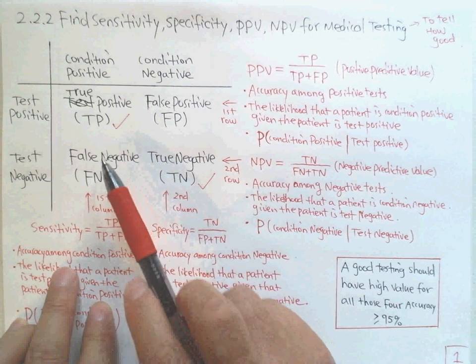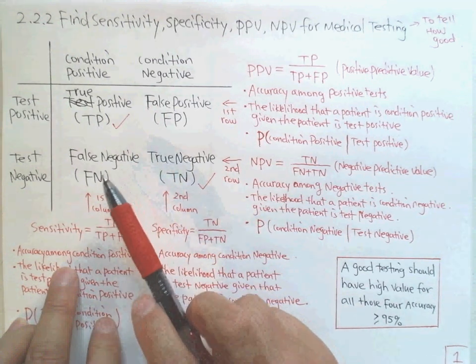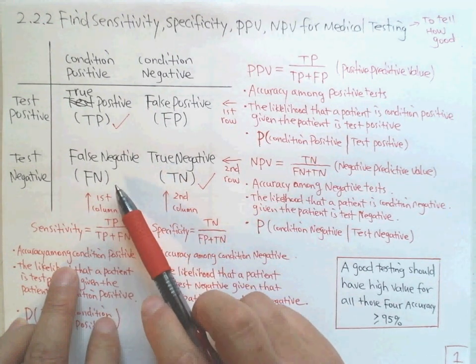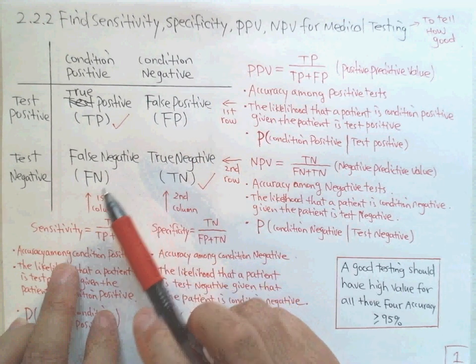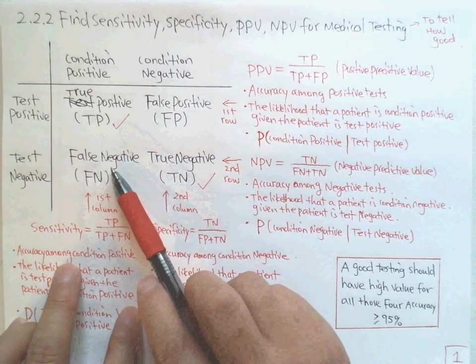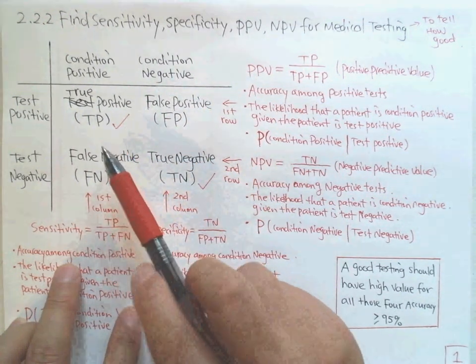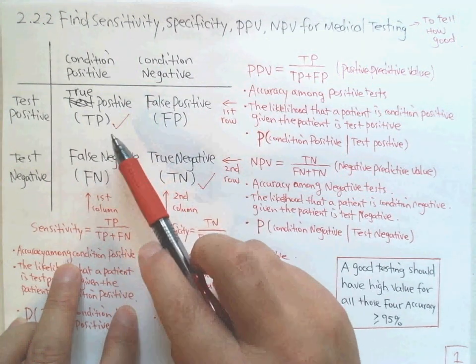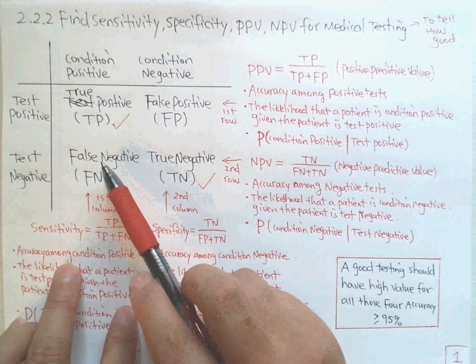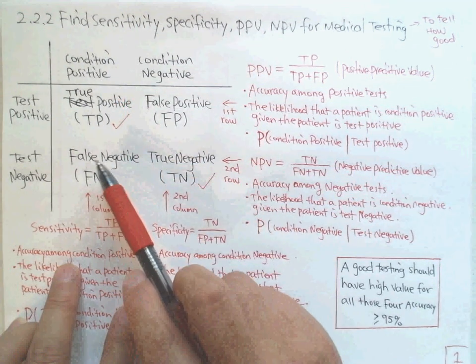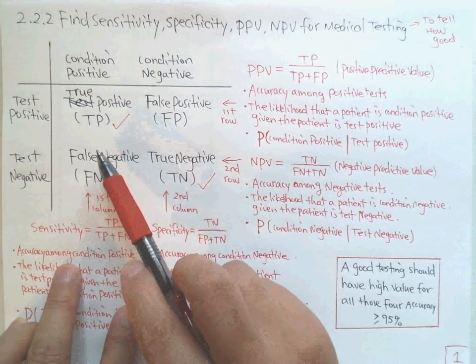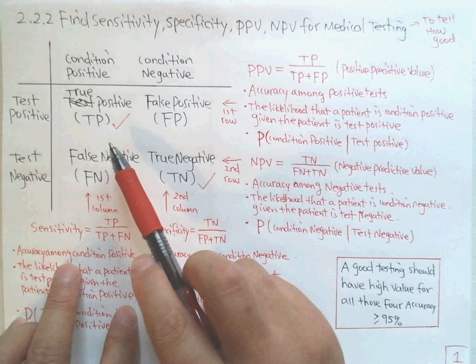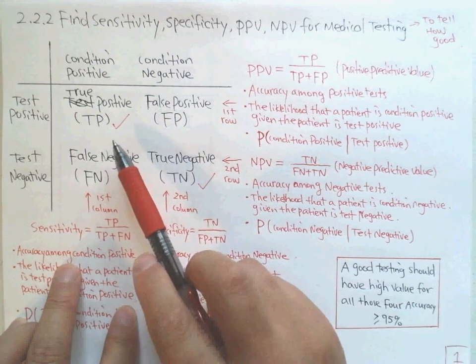To understand it a little better, I can give an example first. What is the accuracy among condition positive? Condition positive means a disease person, right? We already know 100 people are all diseased, and they go to the test.